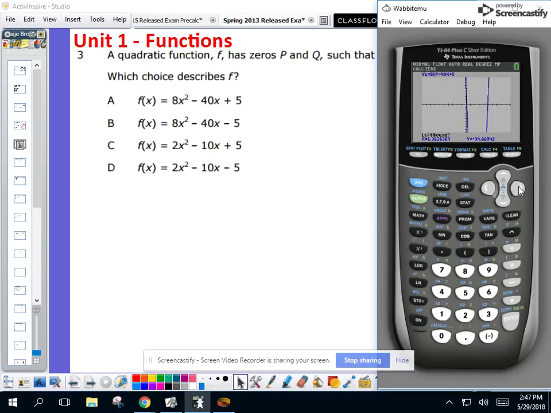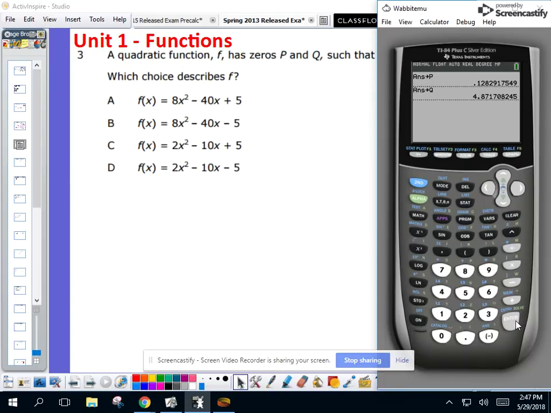I'm going to go over to that second 0, starting below. Almost there, below, above, and then enter one more time. Once again, not a pretty number. So I go back to the home screen and I'm going to store that into alpha q.